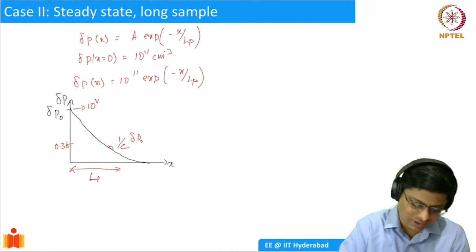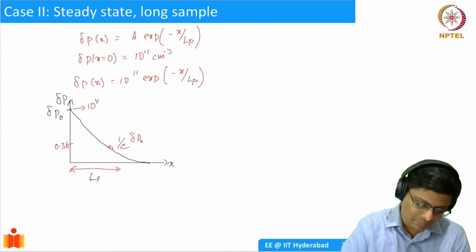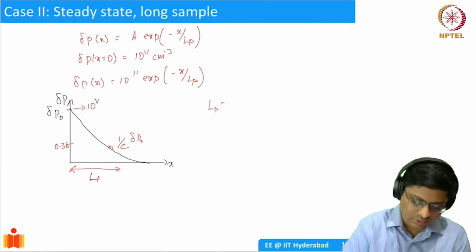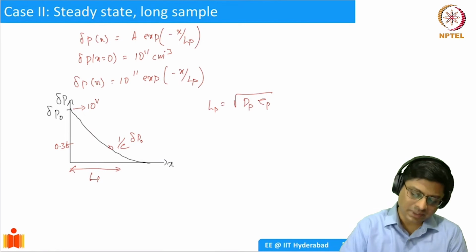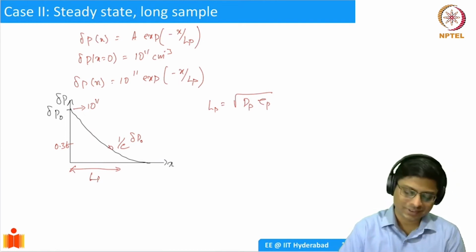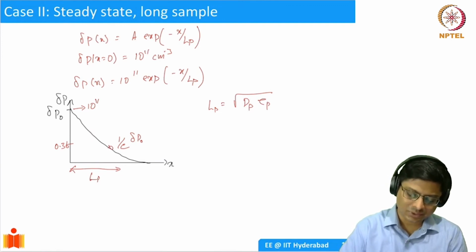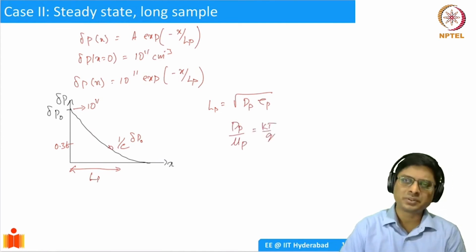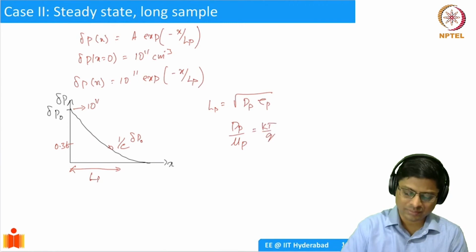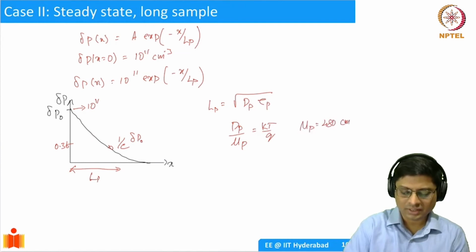Let's try to estimate. We said LP was the square root of DP times tau p. What was the diffusion coefficient? Remember, DP by mu p was equal to kT by q, the Einstein relation. And mu p, the mobility of holes, was about 480 centimeter square per volt second.